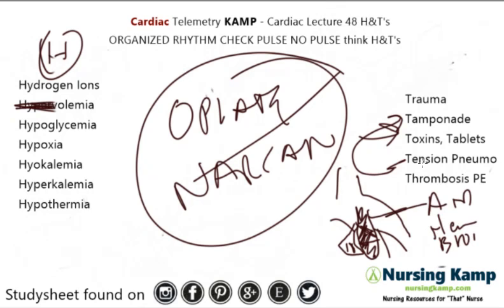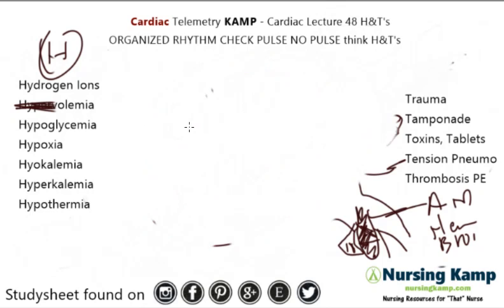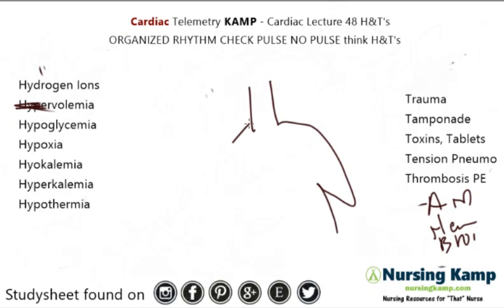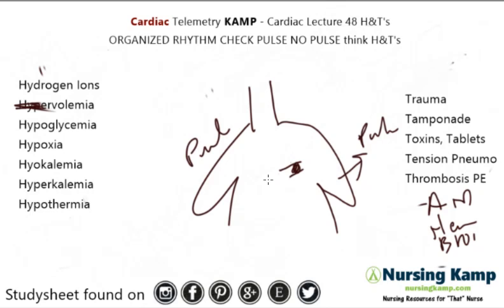And the last thing is they got a big clot lodged in the heart or in the pulmonary tree, and that's a PE. And that person has a clot in the pulmonary artery, so they can't give you a pulse because there is no blood flow. It's backed up. All right.